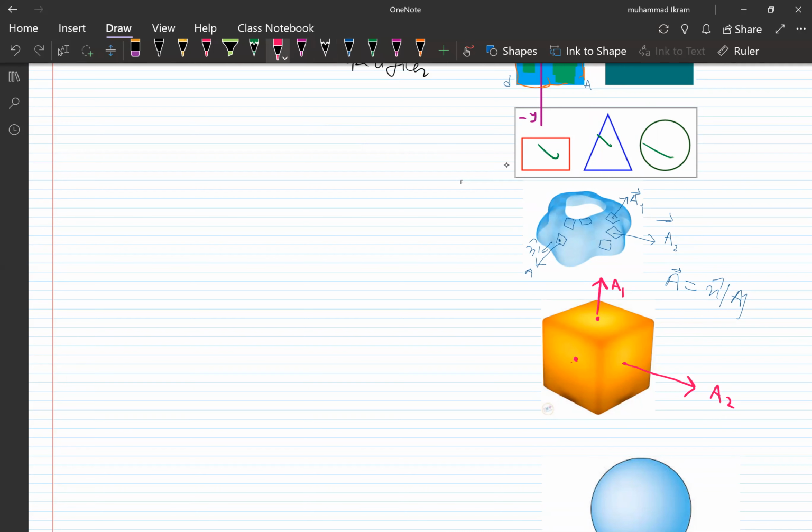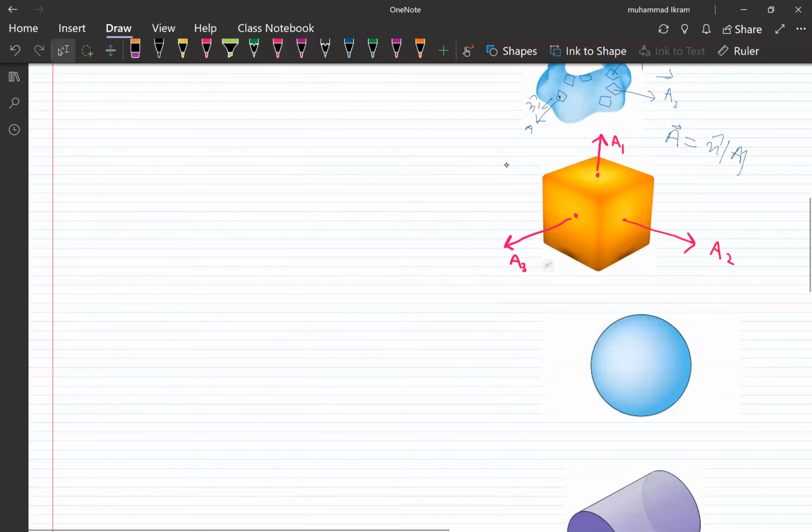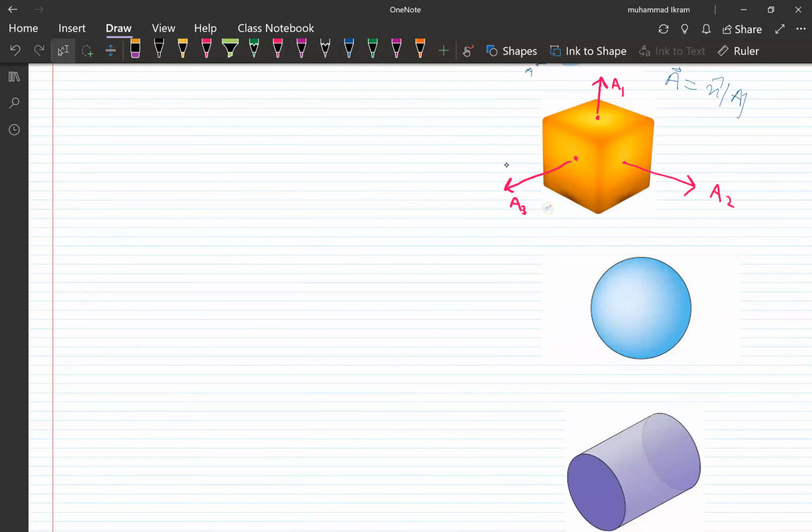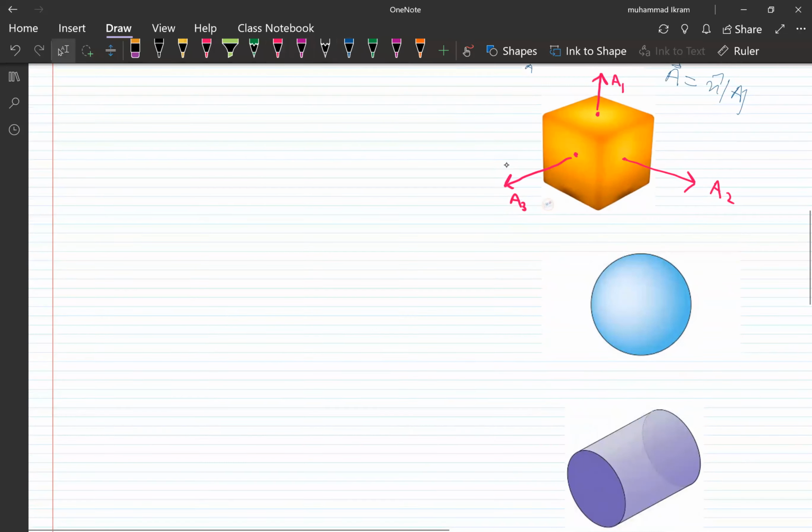For this, it will be area vector a3, and similarly for the other surfaces. For spherical, cylindrical and cubical surfaces, all these surfaces, we call them closed surfaces.